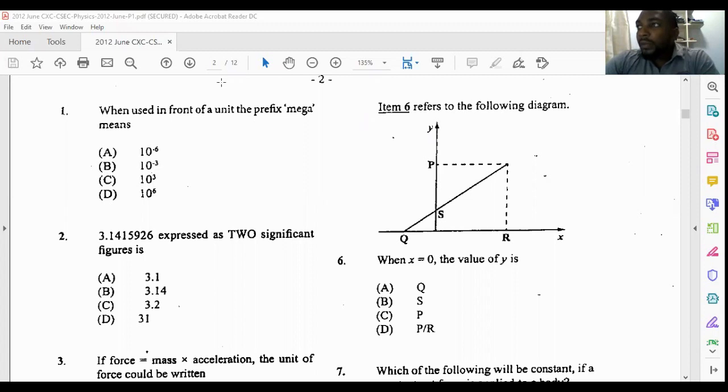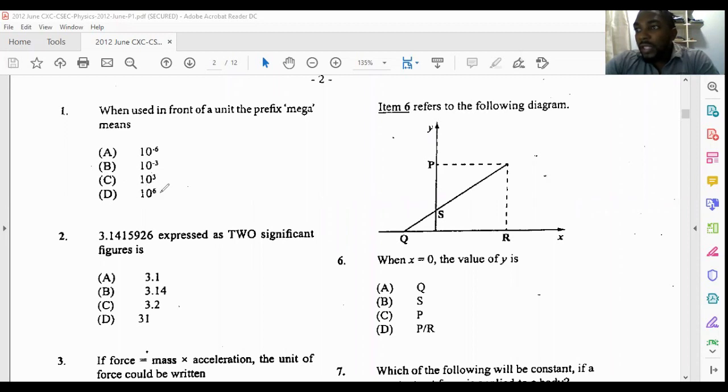Now, number one, it says when used in front of a unit, the prefix mega means, and as you should know, mega is represented by 10 to the 6th power. Good.